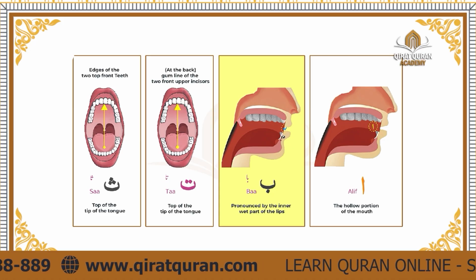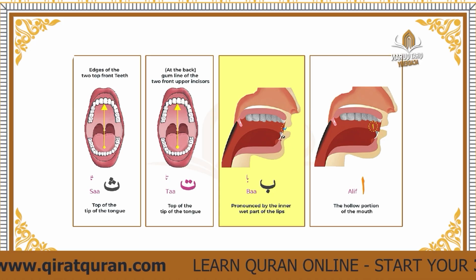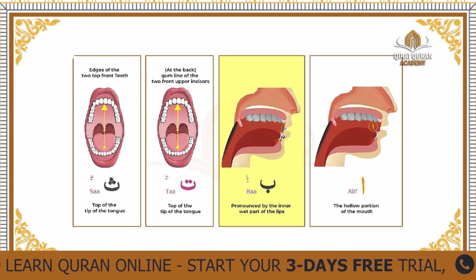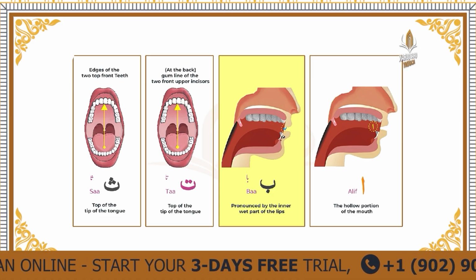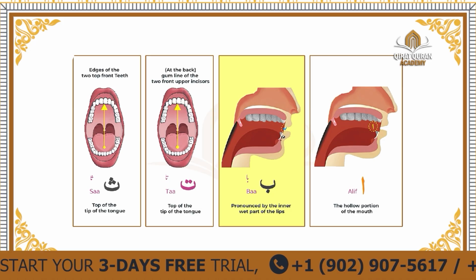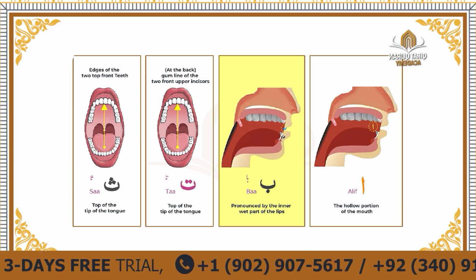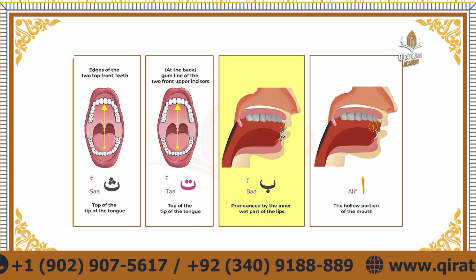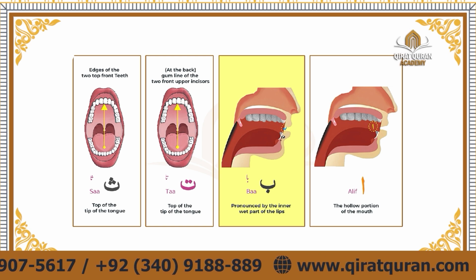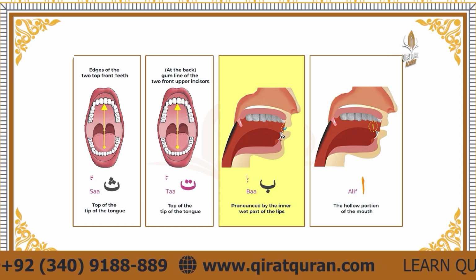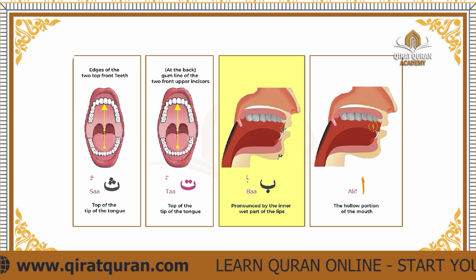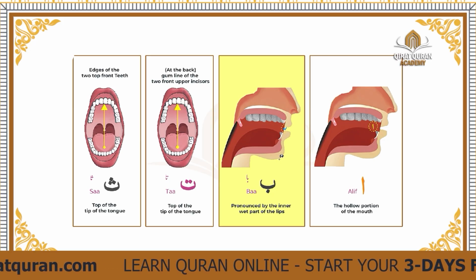So inner side of the lips, you have to connect the inner parts of your lips. That's how you have to pronounce Ba. Try to read it. Ba. Okay, so that's how you have to pronounce Ba. This is the second letter of the Arabic language.